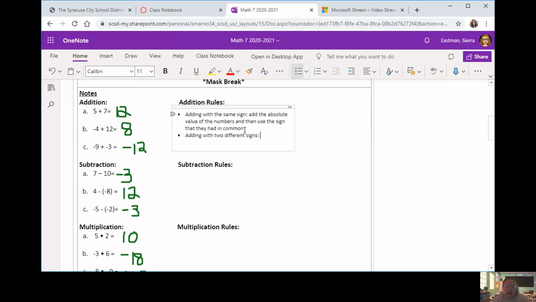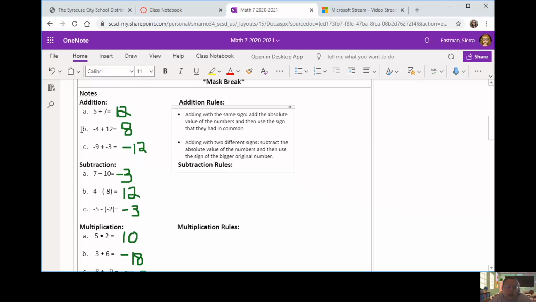And that means you're actually going to subtract the absolute value of the numbers and then use the sign of the bigger original number. And I'll explain what that means as well.